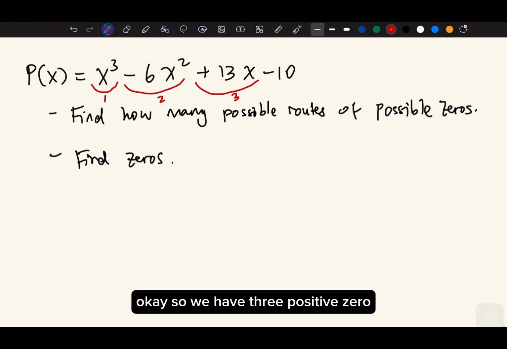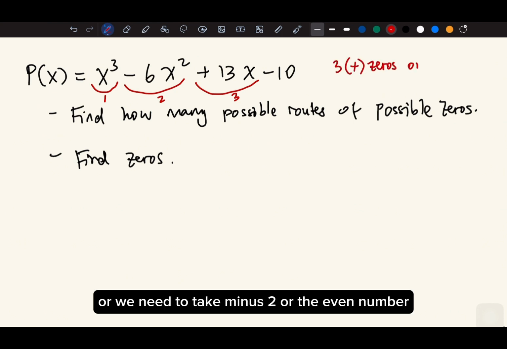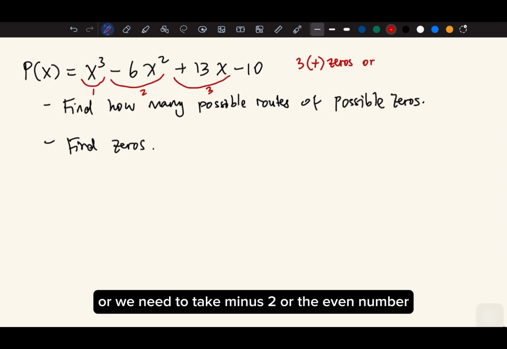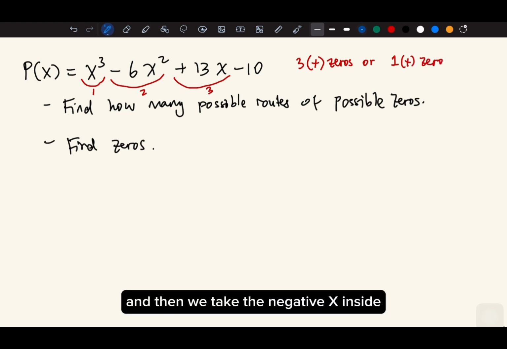Okay, so we have 3 positive zeros, or we need to take minus 2, the even number, so 1 positive zero. And then we take the negative x inside.